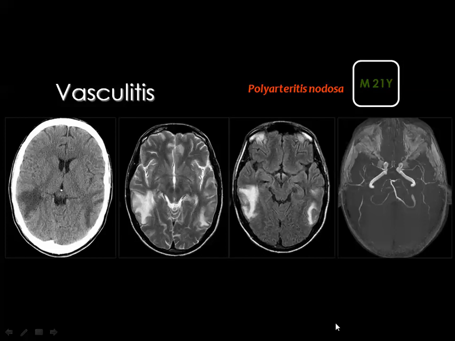But actually, if you know from the clinical history of the patient that you are dealing with one of the diseases that are responsible for vasculitis, then the diagnosis will be easy.